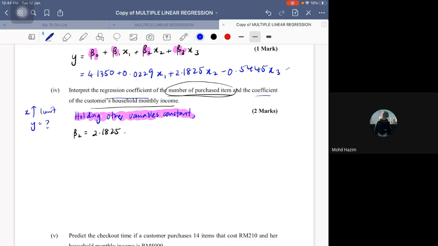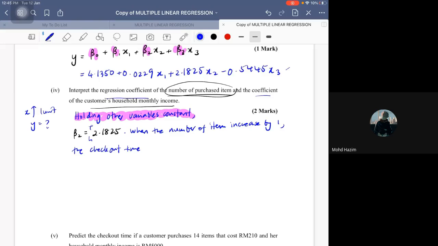For this case, when the number of items increased by 1, what is y? y is the checkout time. Because the value here is positive, when x increases, y is going to increase as well.